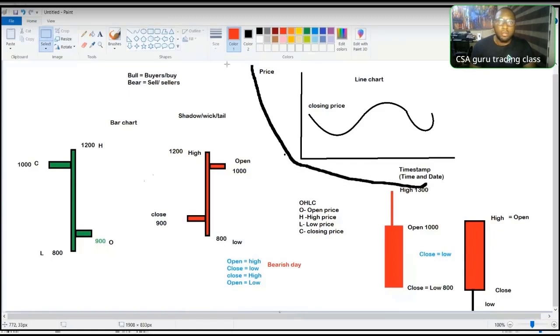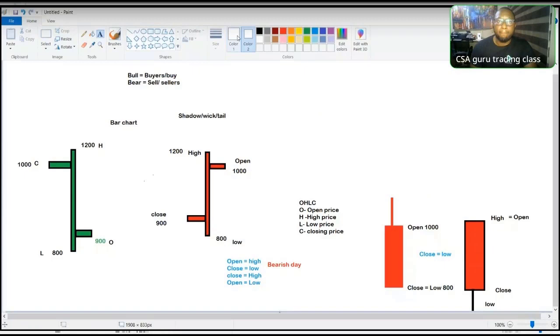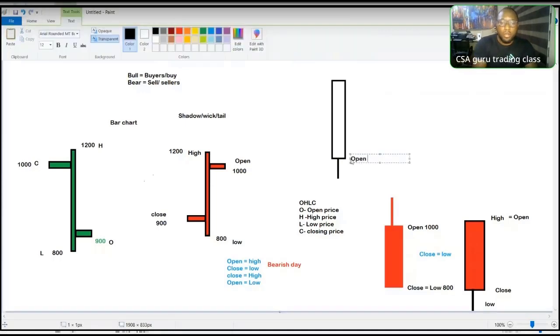Sorry, I want to clear this. So let's talk about the scenario for close equals to high. Where close equals to high, there's a possibility of getting that. So we have the opening price of the day, let's say we have the open at 800.